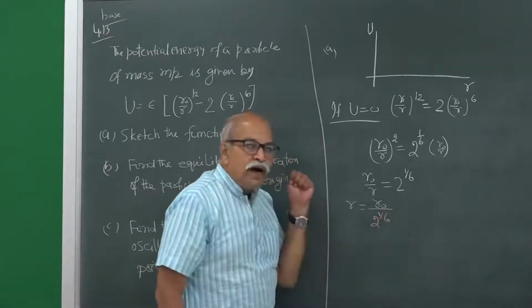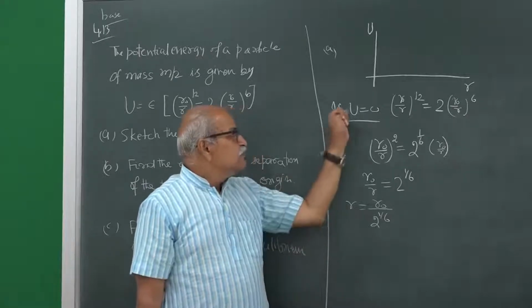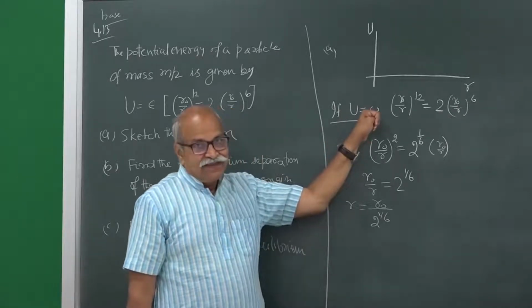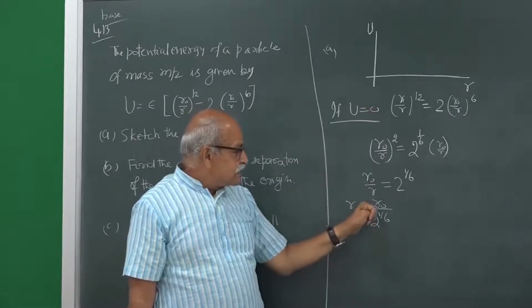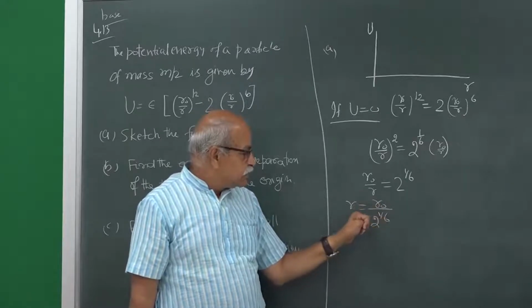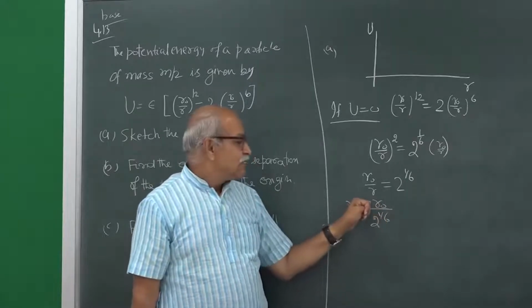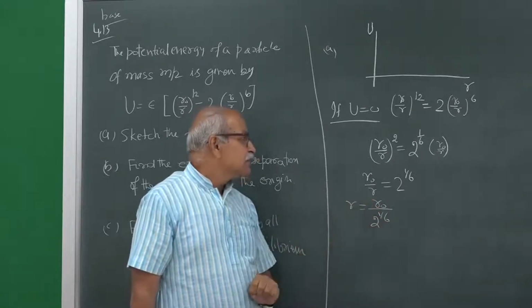So, you get only one value of r where U is 0, and that value is slightly less than r naught, because 2 to the power 1 by 6 is more than 1. You are dividing by a quantity which is more than 1, so this will be smaller than r naught.